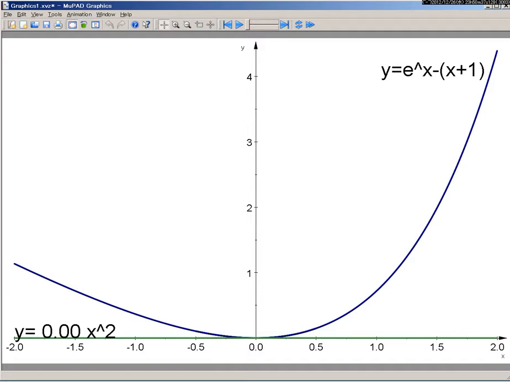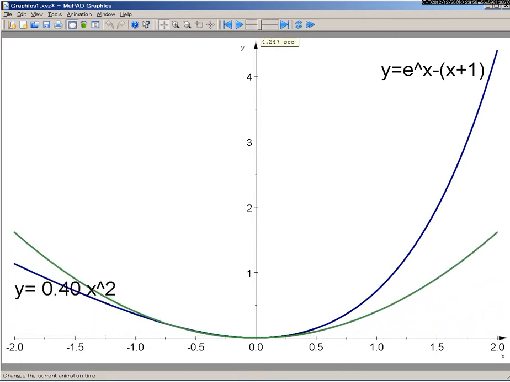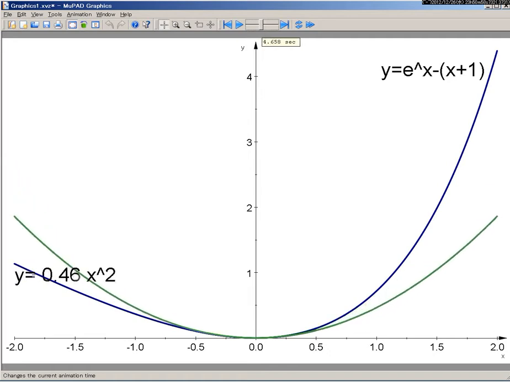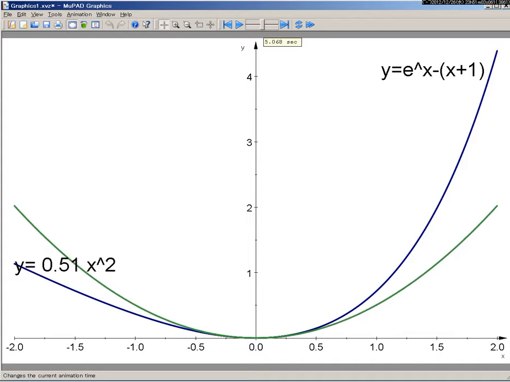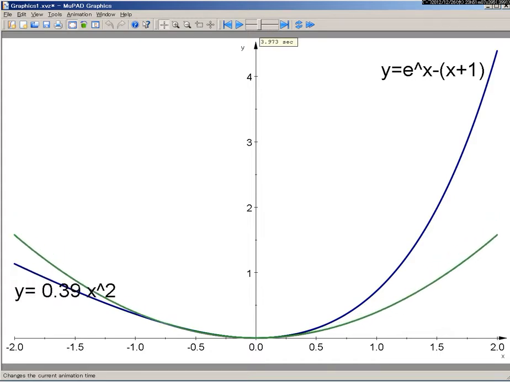So this blue curve is exponential x minus (x plus 1), the second residue. This one is y equals ax squared. Now a is 0, and we increase a. So this time, it's very difficult to find the fitting curve for residue 2.